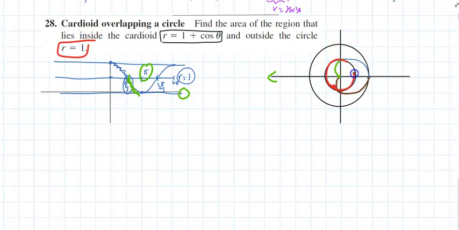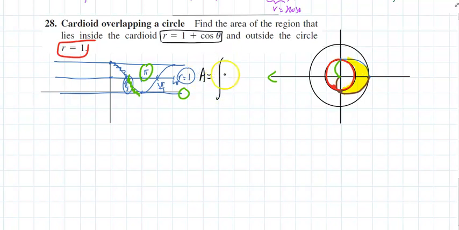So when the directions state, find the area that lies inside of the circle, outside, they're talking about this region. Inside of this cardioid, outside of the circle. Well, this is how it works. You could write this a few different ways.